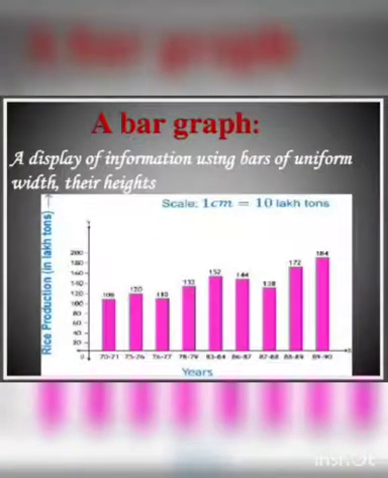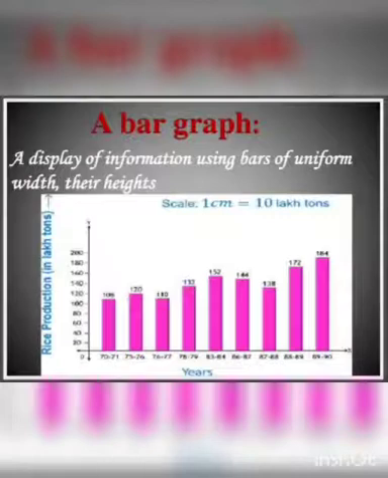Next is bar graphs. A display of information using bars of uniform width with their heights is called a bar graph, children. So here if you see in the example, the horizontal line is the x-axis and the vertical line is the y-axis. And here we need to take the scale on the y-axis, that is 1 centimeter equals 10 lakh tons.